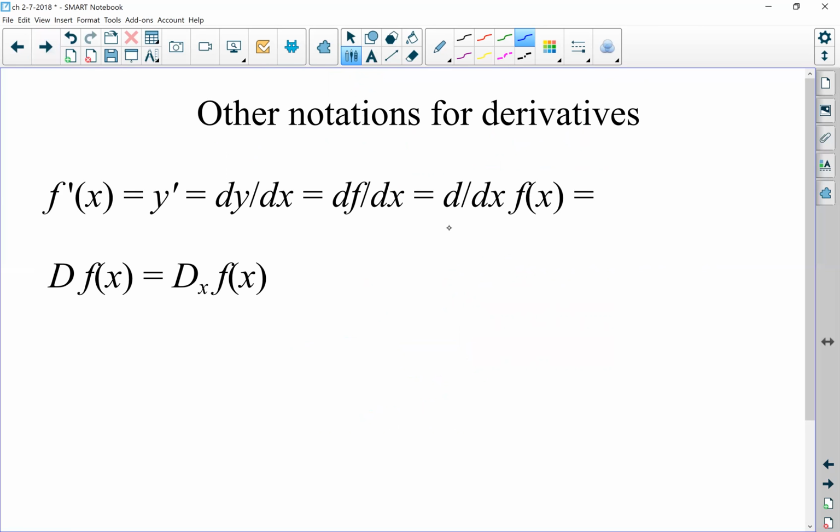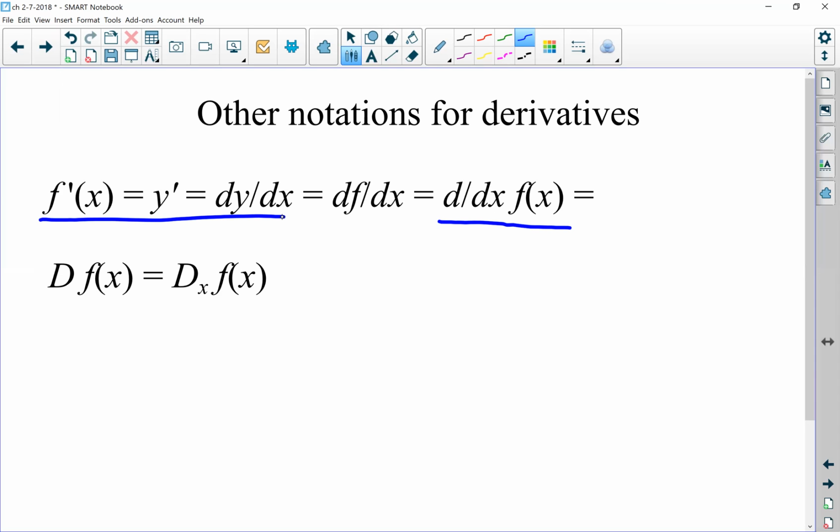So this one really means take the derivative with respect to x of the given function. And so there would be a function after it. Capital D f of x, d sub x f of x. Again, the derivative of the function f of x, the derivative with respect to x of the function f of x. The ones you'll see most often on the AP exam are the ones that I've underlined in blue.